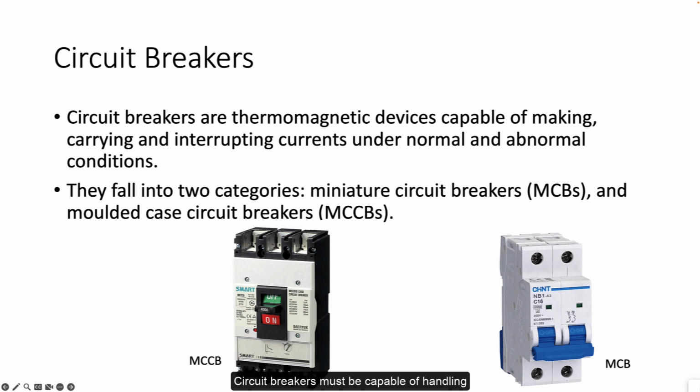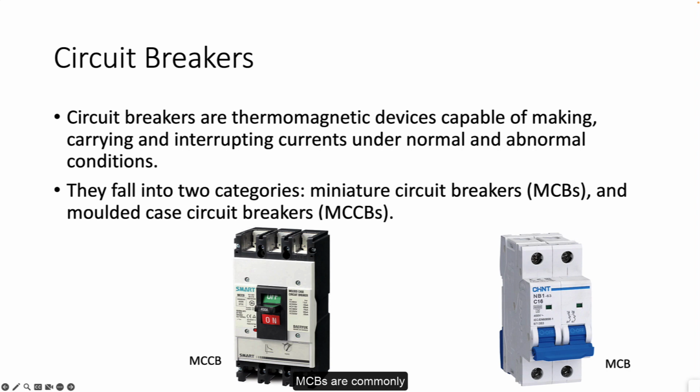Circuit breakers must be capable of handling normal currents during regular operation, carrying the current without interruption. However, in abnormal conditions such as short circuits or prolonged overloads, they should be able to interrupt the flow of current swiftly to prevent damage to the electrical system.